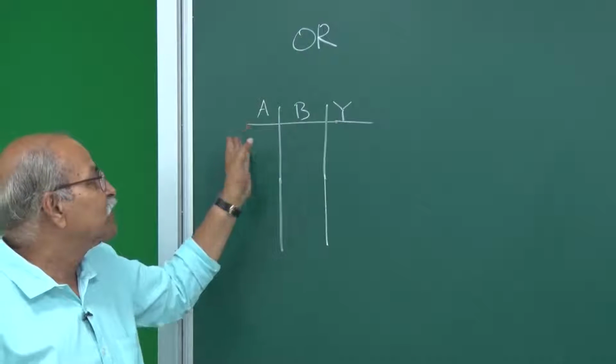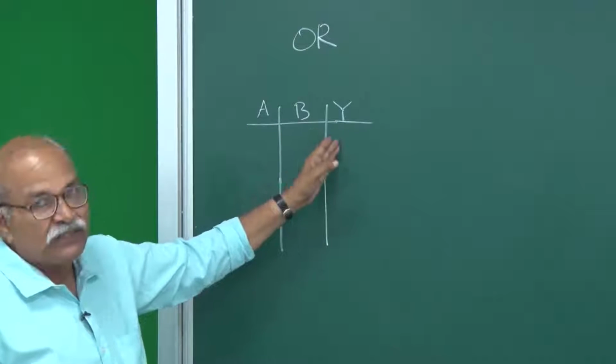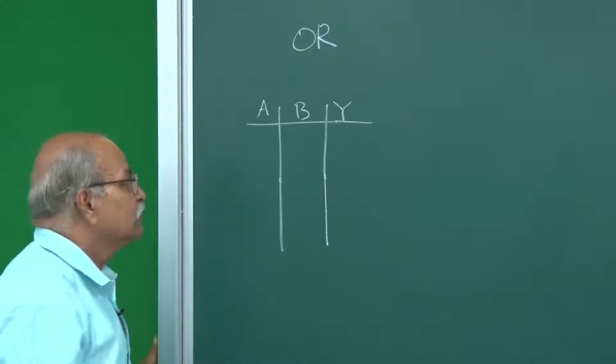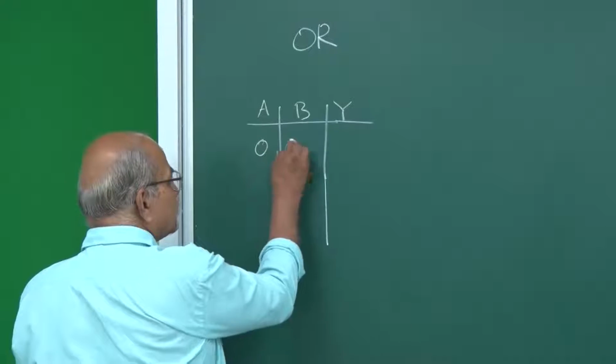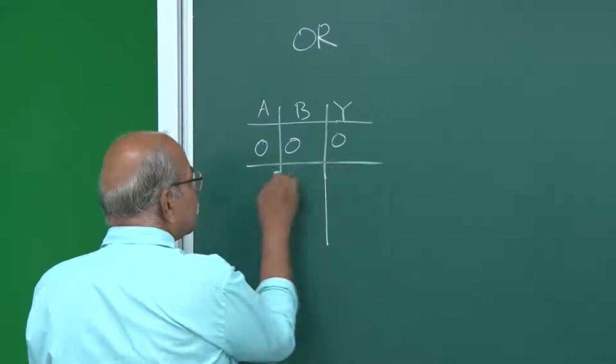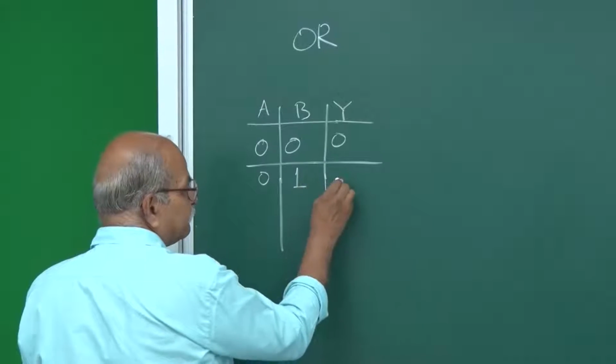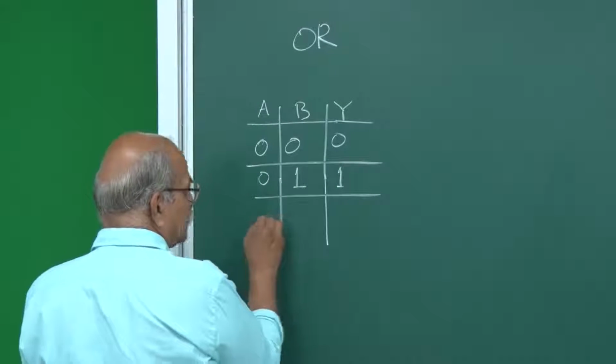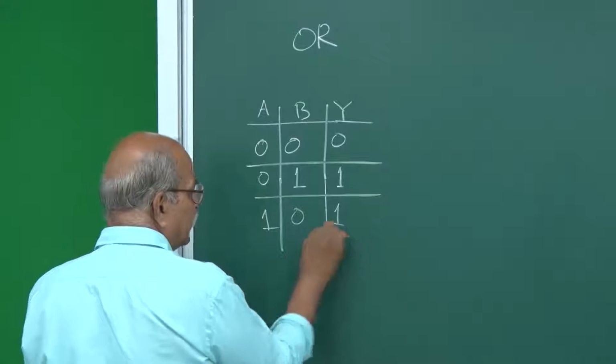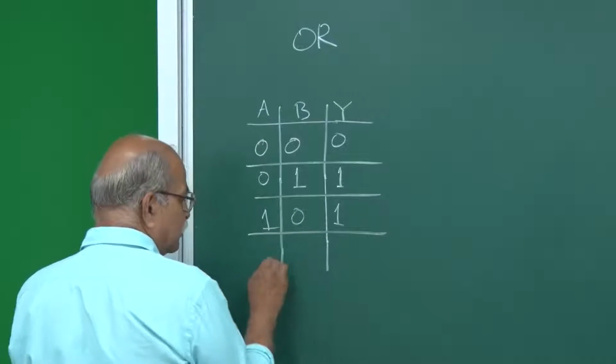Only if both the inputs are 0, will the output be 0, otherwise it should be high. That is called OR. 0, 0 should give me 0, but 0, 1 should give me 1, and 1, 0 should give me 1, and 1, 1 should give me 1.